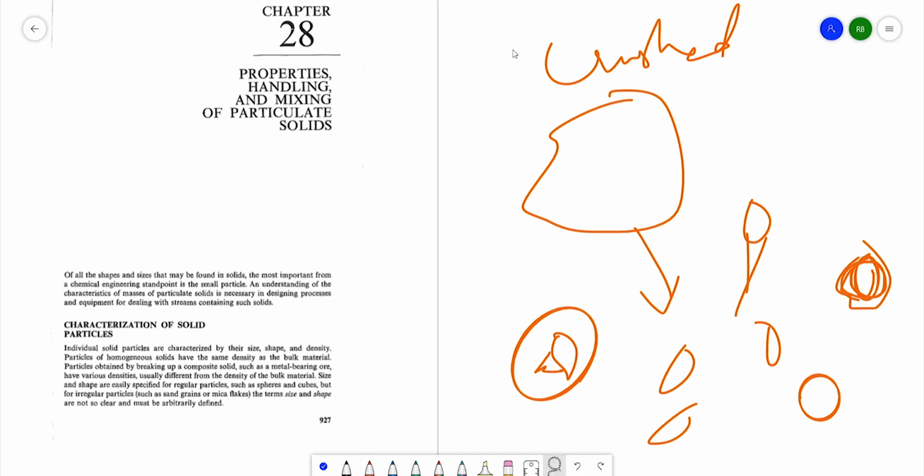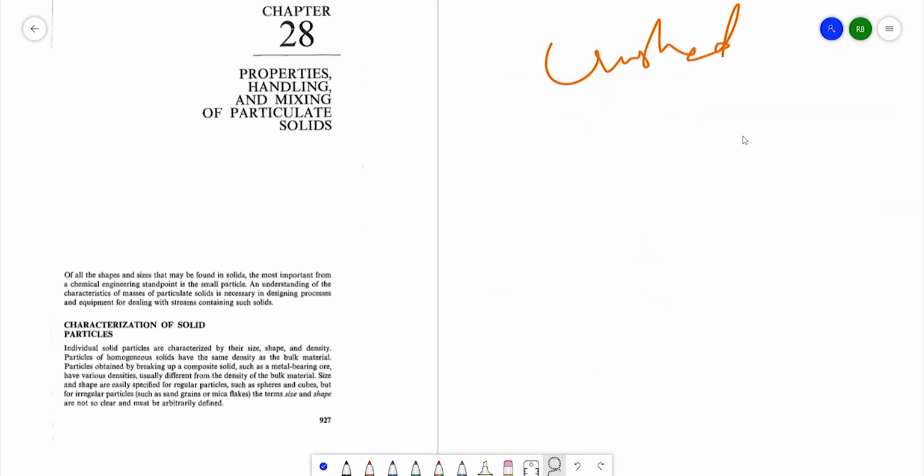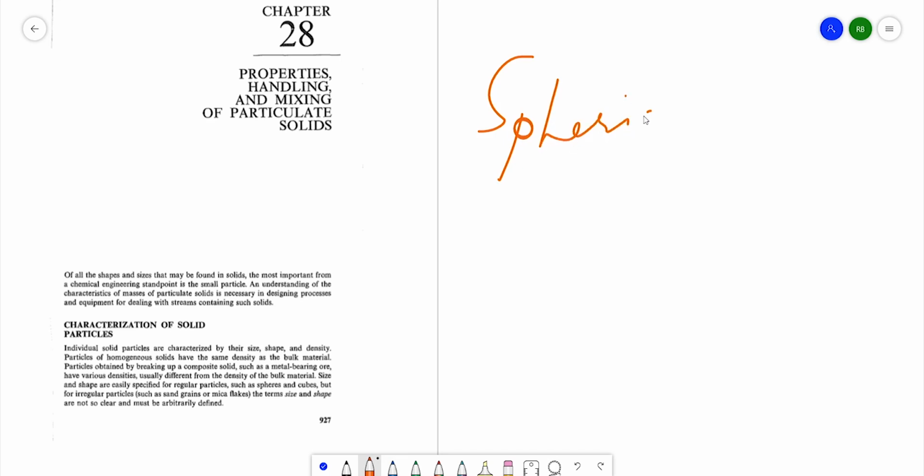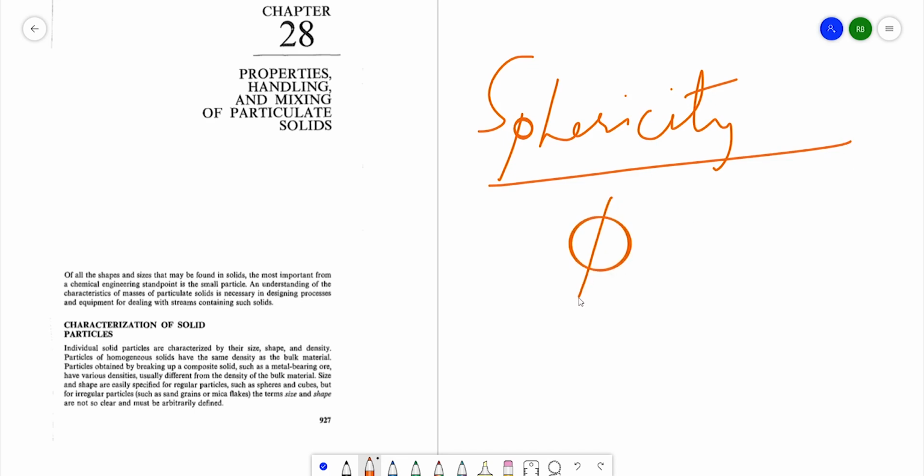To do that, we will define a term called sphericity. It is denoted by phi s.